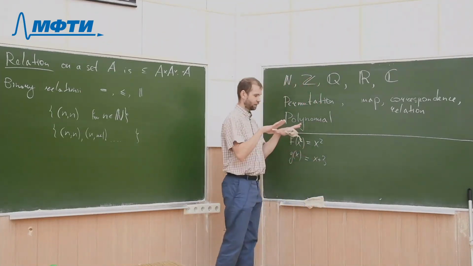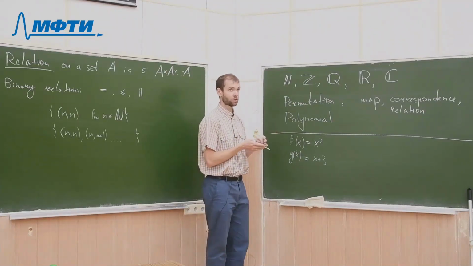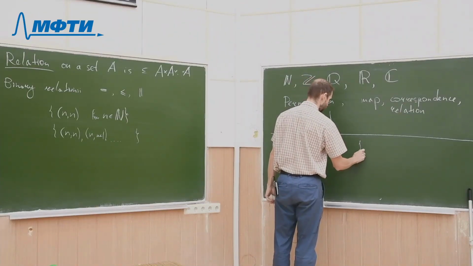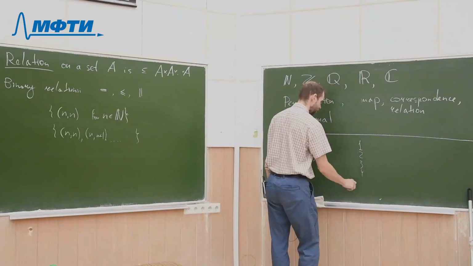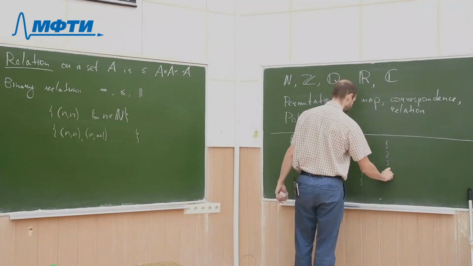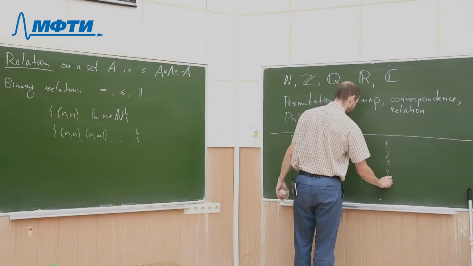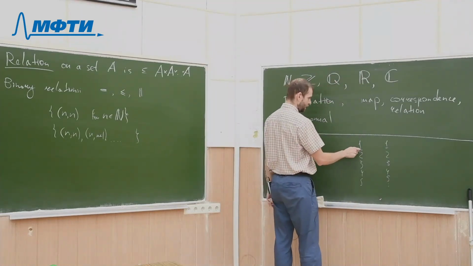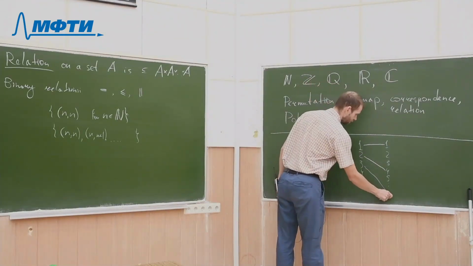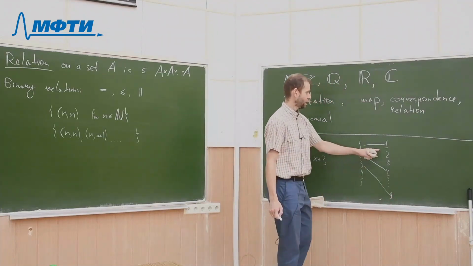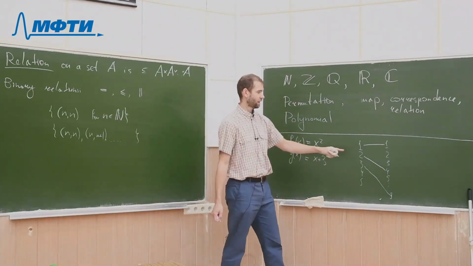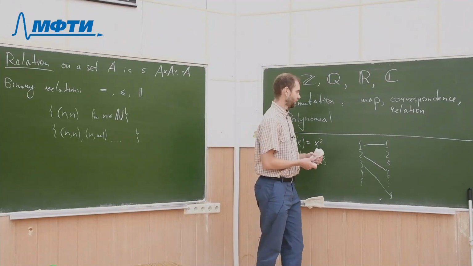If we limit ourselves to just integers, natural numbers, then we have 1, 2, 3, 4, etc. And on the right we have still integers, 1, 2, 3, 4, 5, etc. And we have the following links: from 2 to 4, from 3 to 9, etc. Many integers on the right are actually not used by this correspondence, so they are isolates in this picture. So this is f.